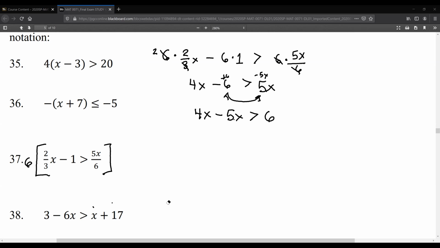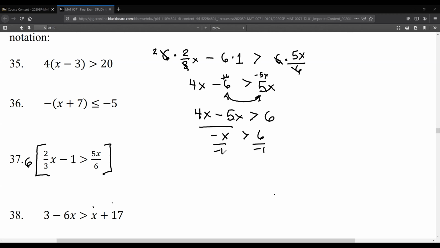Any questions? Okay, so then you combine your like terms here. This becomes negative x is greater than 6. And again, this variable always has to be positive, so we're going to divide by -1.